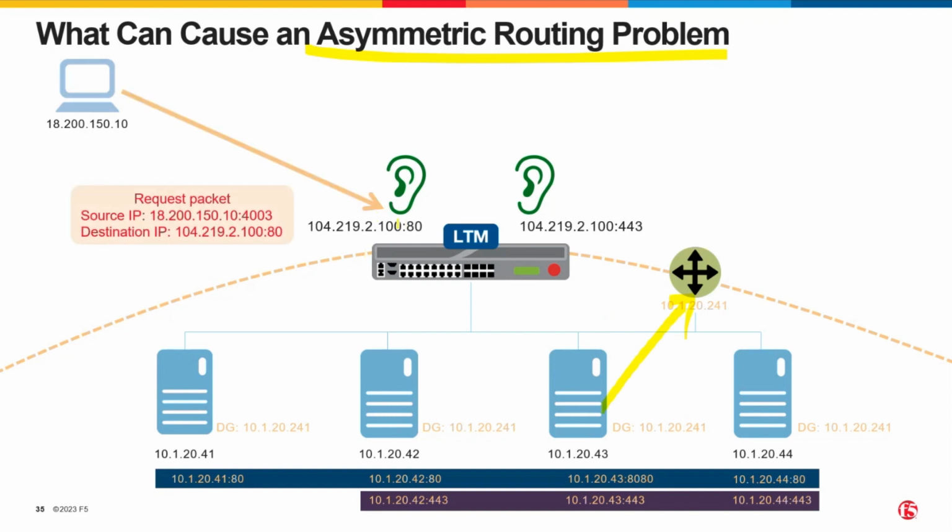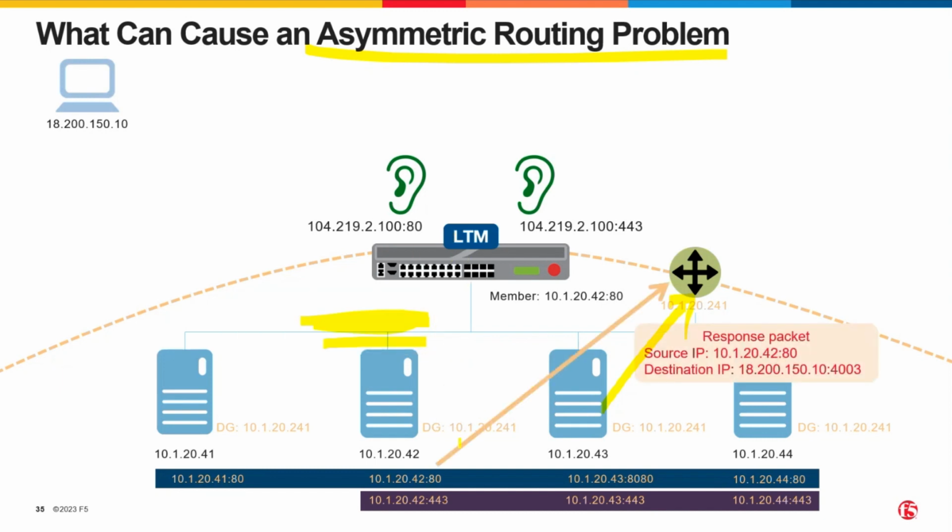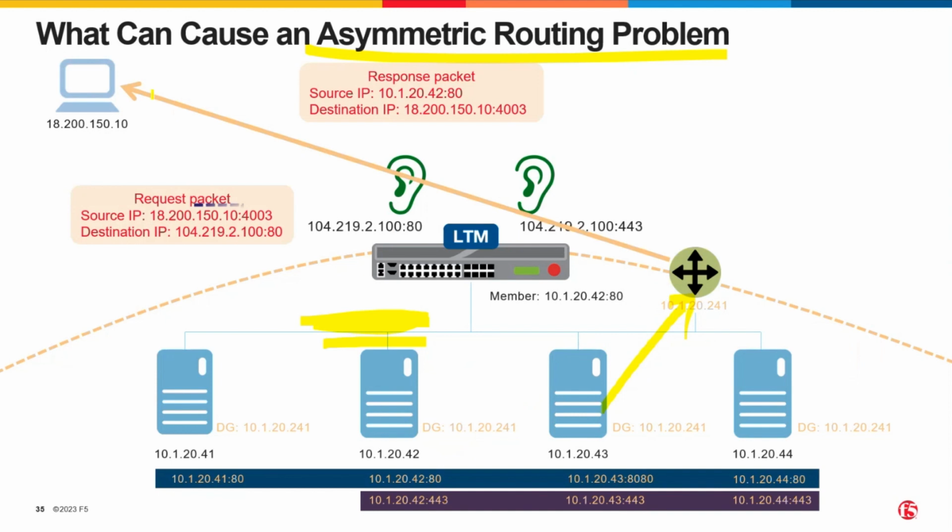So if the traffic comes in to our service and is sent to the backend server here with the original client IP, this server will try to send the traffic not through the BigIP, but according to the routing configuration within the routing table. So we have an asymmetric routing problem, and unfortunately, somewhere in between the client and the backend server, something will block this traffic.